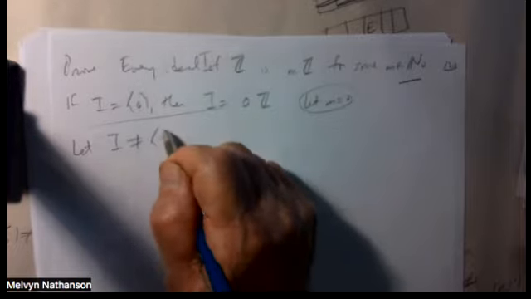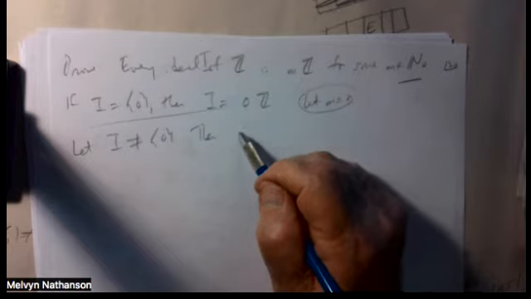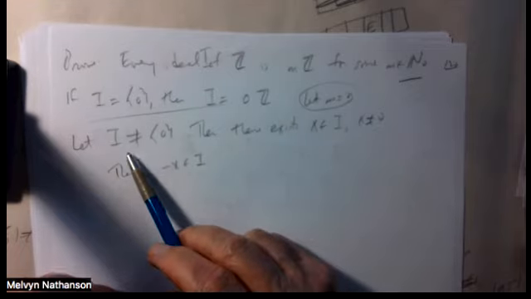Suppose I is not just 0. That means then there exists an element x in the ideal different from 0. But then also minus x is in the ideal, because the ideal is an additive abelian group.